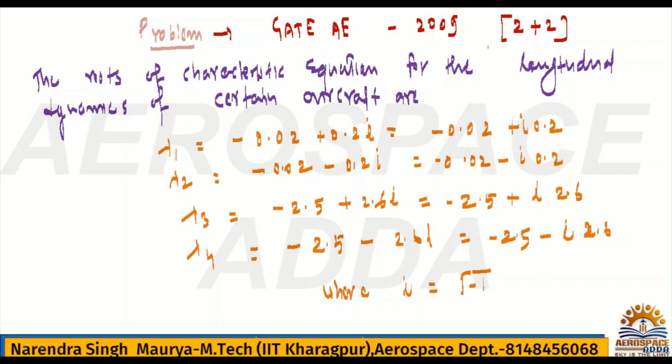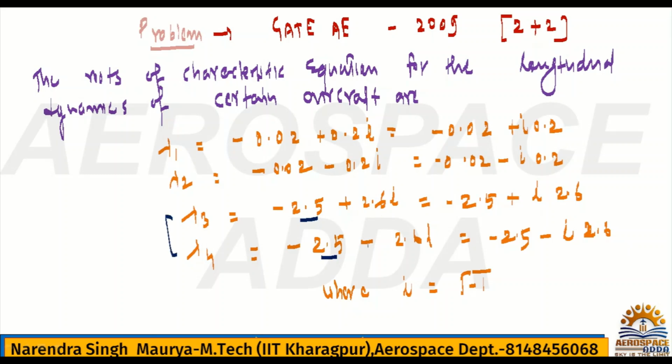Long period oscillation means natural frequency should be less or damping ratio should be less. Then only it will have a long period oscillation. So in which case do we have a lower damping ratio or natural frequency? You will check with the real part of the roots. Actually this is the combination of lambda 3 and lambda 4, like plus minus.